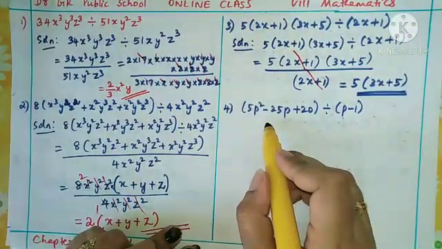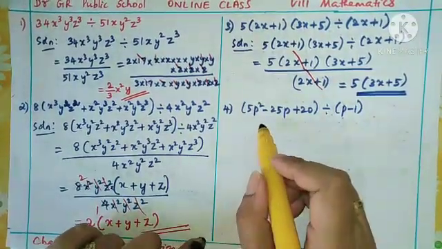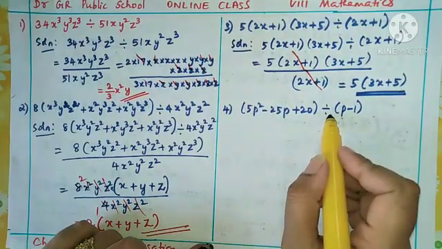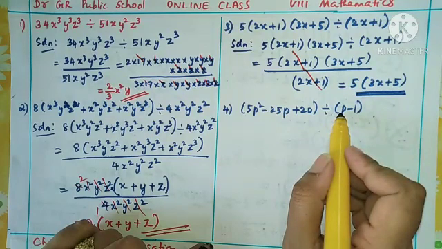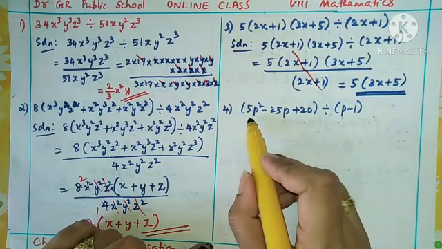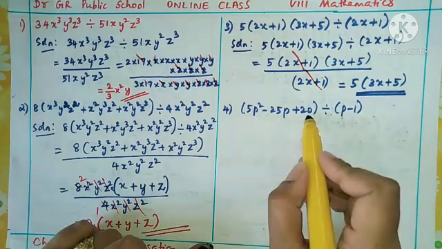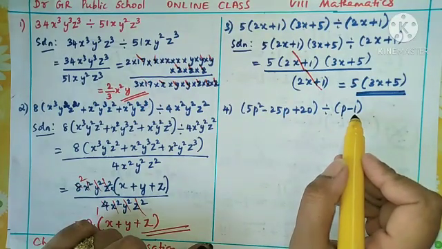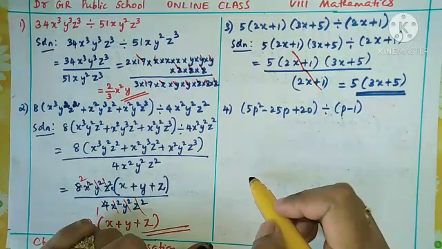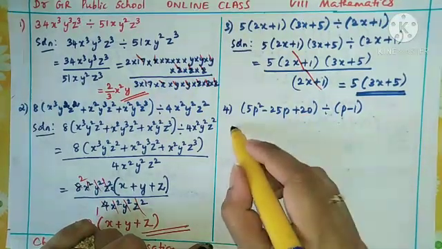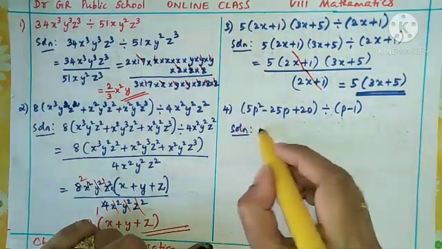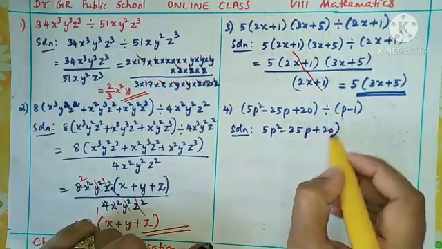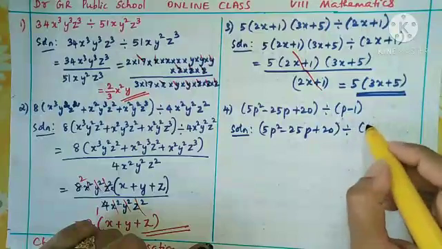Now see this question, 5p square minus 25p plus 20 divided by p minus 1. Okay, so this is an algebraic expression divided by p minus 1. Okay, so how to do this? Now first you write the question once. 5p square minus 25p plus 20 divided by p minus 1.